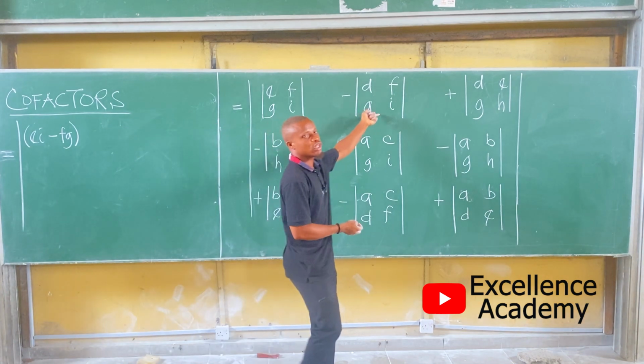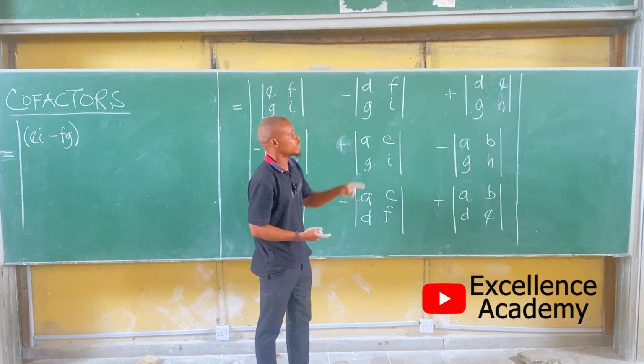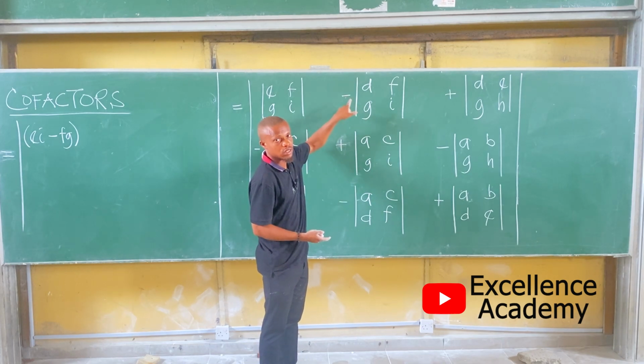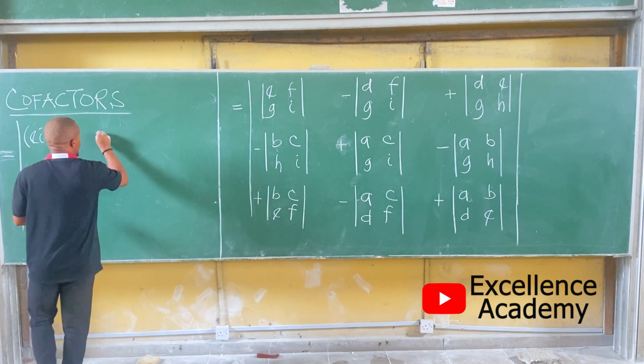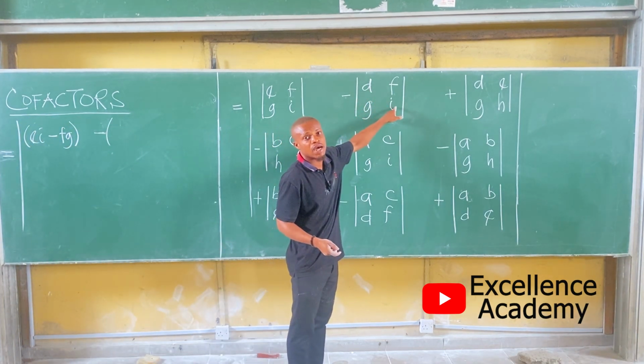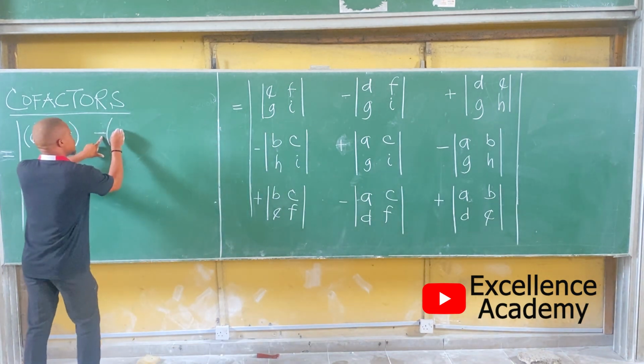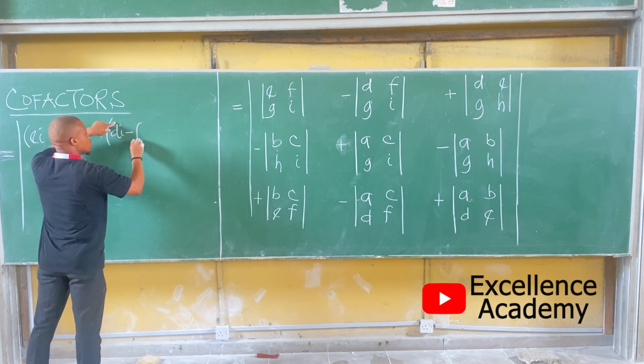Next up, we go over to the next element there, and we get the same determinants. And mind you, I'm having a minus sign here. So I get minus, the determinant there is D times I minus FG, which gives me DI minus FG.